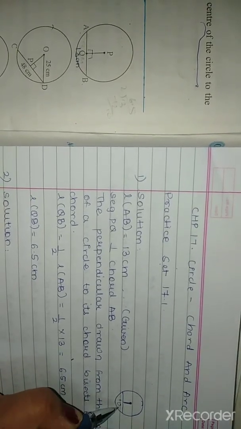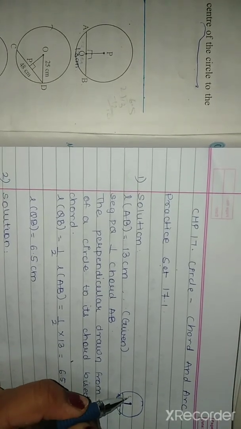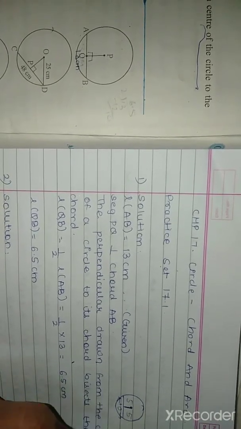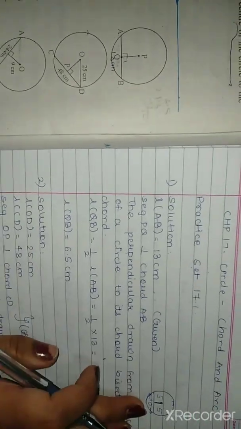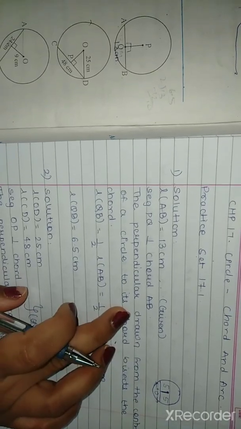If the value for this is 10 centimeters, then it will divide it into two parts. That means this part will be 5 centimeters, the other part will be 5 centimeters. This is an example. Don't think that this is the solution of your first question.